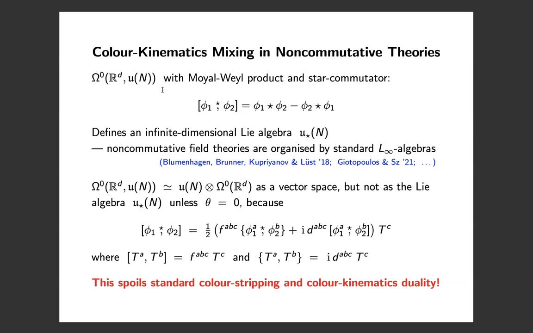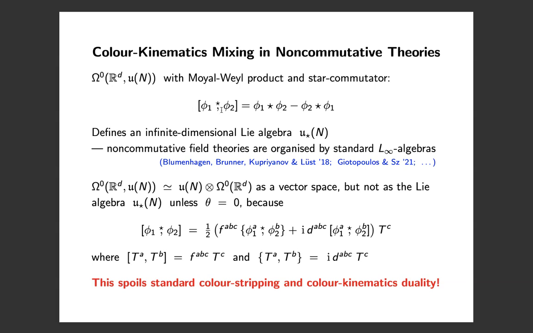U(N) is, of course, a matrix Lie algebra, so you can write its bracket as a commutator, and now we just insert star products. And the fields here are multiplied with star products, but they are also multiplied with respect to the color indices of the group.